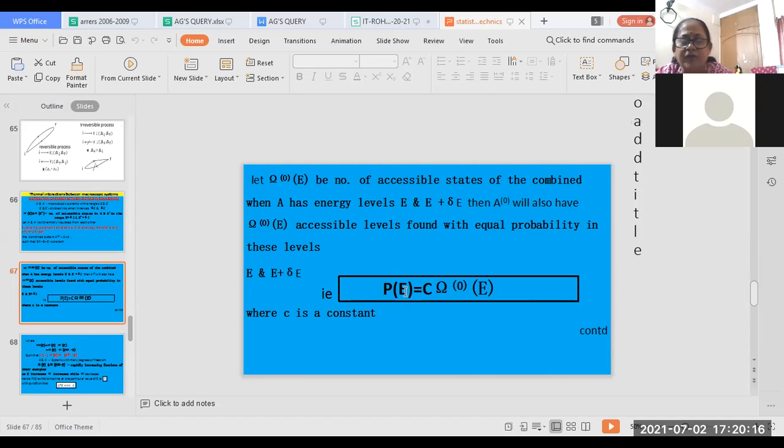Then the probability of finding the system in these accessible states is proportional to omega 0 E. If you remove the proportionality, you get a constant: P of E equals C times omega 0 E. This we discussed in the last class.